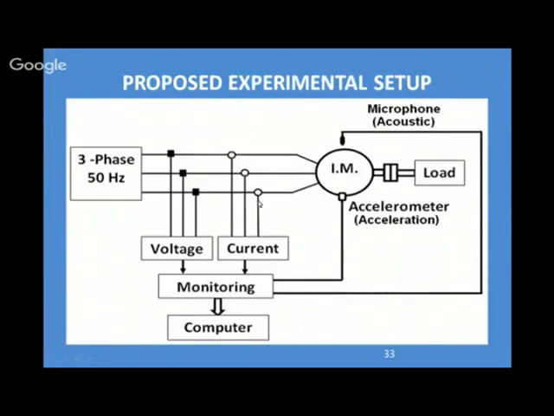For monitoring the current, we will use the split core type of current transformers. It will step down the amount of current being fed to the monitoring system. Monitoring can be done on accelerometer as well as the acoustic signals. So combined with all these type of signals, we can have a detailed analysis of the condition of the motor.